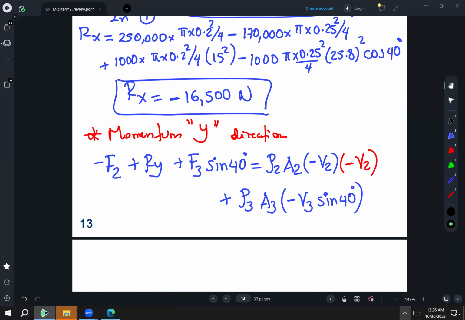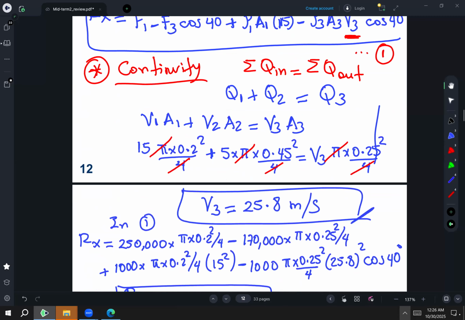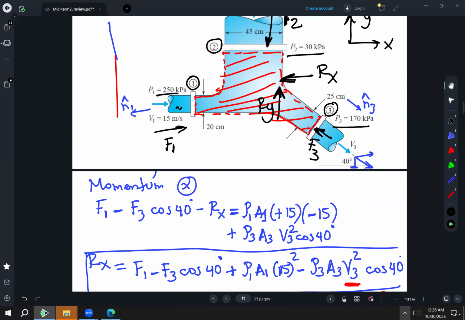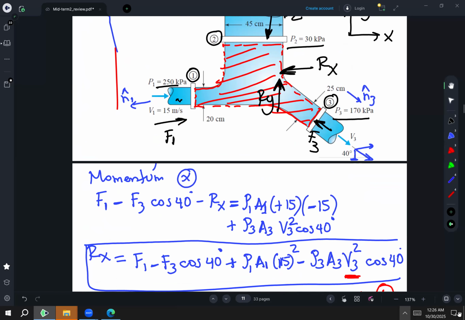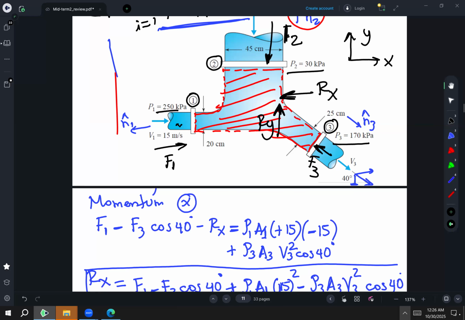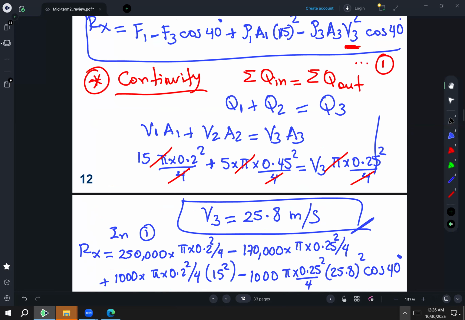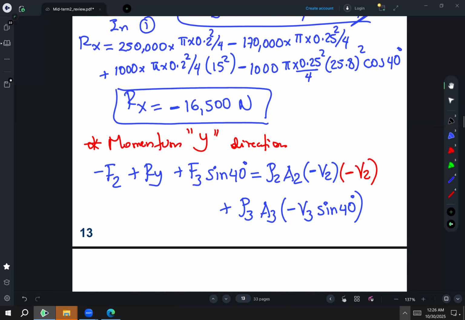And then we have the dot product of velocity 3 times n. Velocity 3 is pointing this way and n3 is also pointing outwards, so they have the same direction. So the dot product of v3 and n3 will be positive v3.